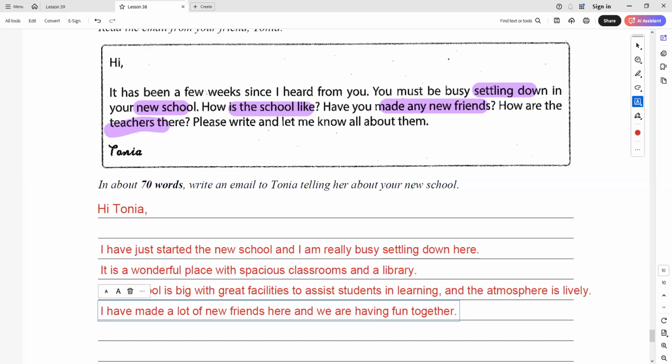It's about the teachers, right? The teachers here are friendly and supportive. So write this. The teachers here are friendly and supportive. And they are always ready to help us. They are always ready to help. Okay?